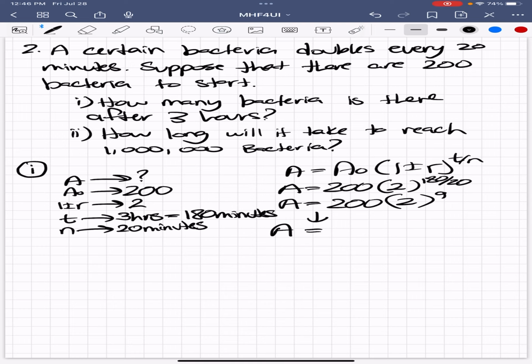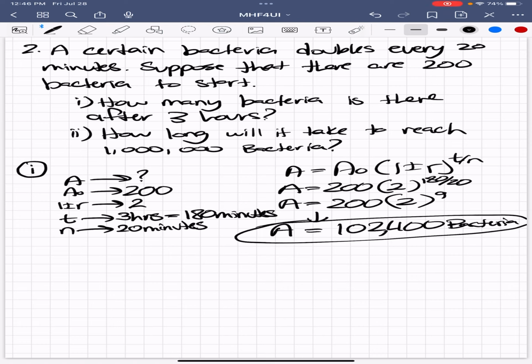So if we plug our final line into our calculator, we should get 102,400 bacteria. So that's how many there are after 3 hours. Let's do our therefore statement.